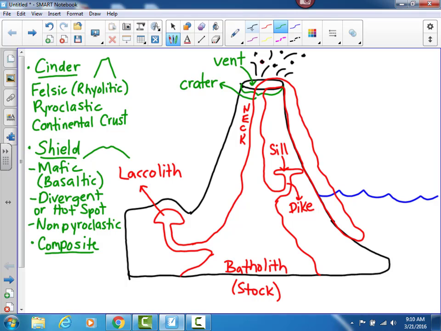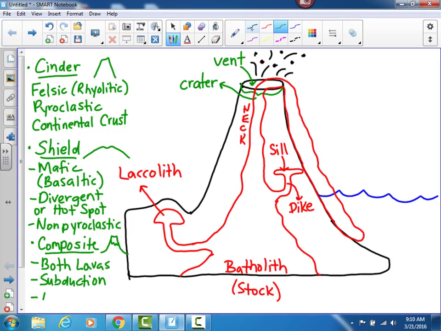Last kind is composite. These are the ones that you typically think of when you think of a volcano. Pretty tall, fairly steep, sometimes they're snow covered. Composite volcanoes can have either or both kinds of lavas because they form typically at subduction boundaries, which means often they have access to both oceanic crust and continental crust.